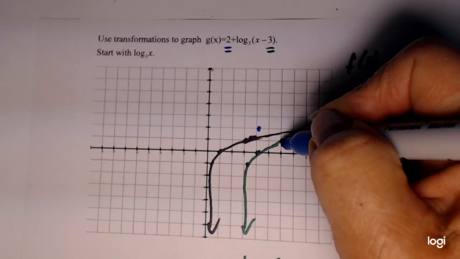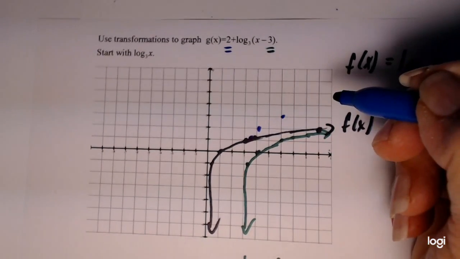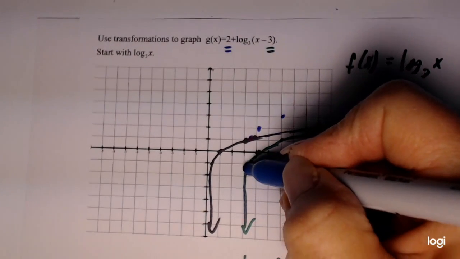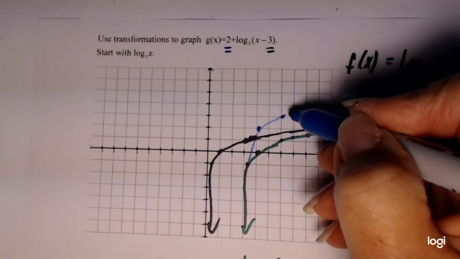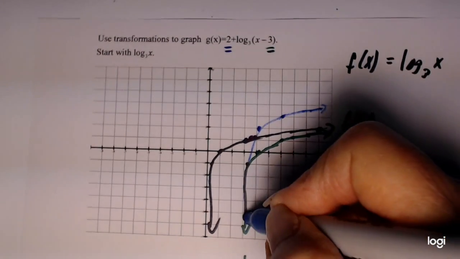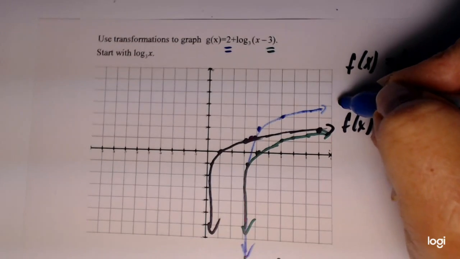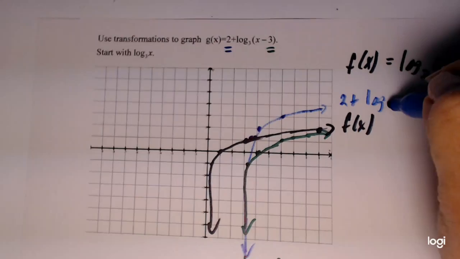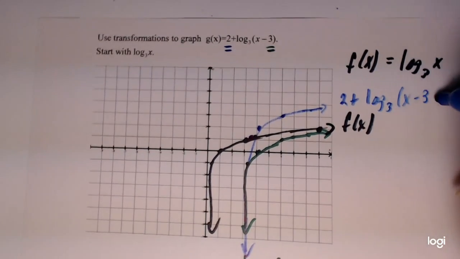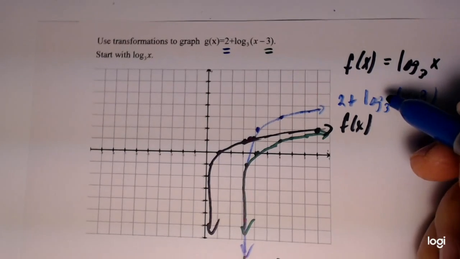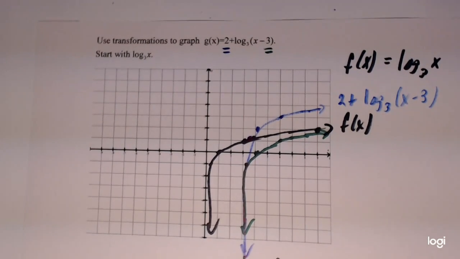And this goes up 2, so it's there. So when I connect these, this is the final graph, 2 plus log base 3 of (x minus 3). This blue represents our final answer after both changes.